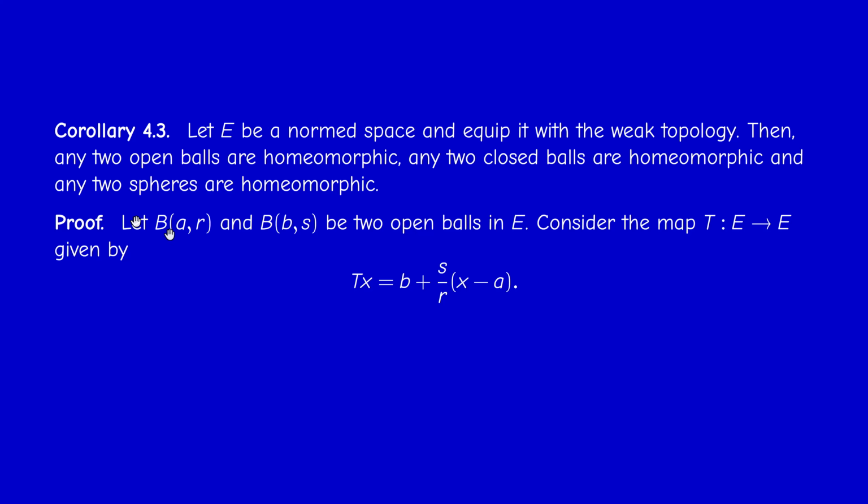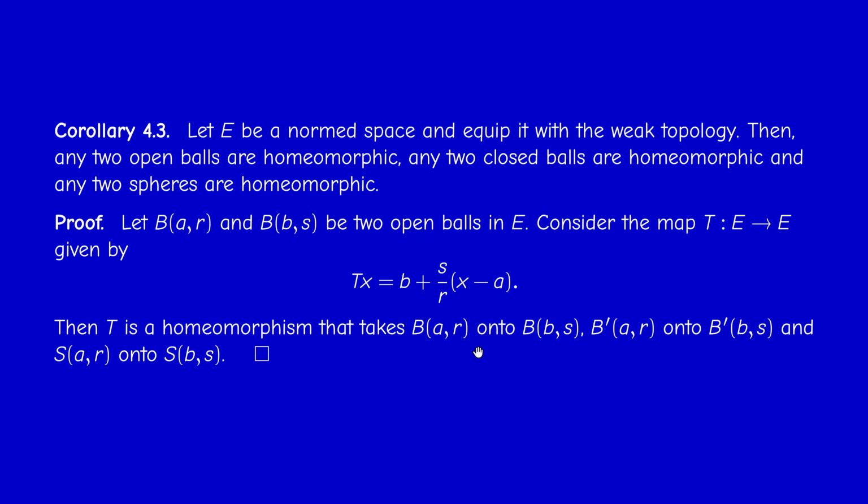So T takes this ball into this ball, and T^{-1} does the same thing. It also takes the closed ball of radius r into the closed ball of radius s, and the sphere into the sphere. So we proved it. That's it. So this concludes the proof.